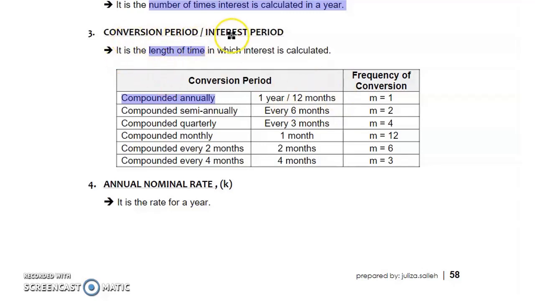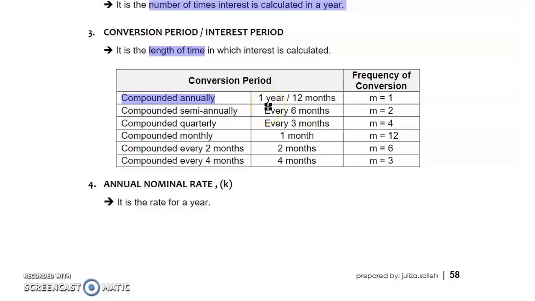If a bank offers you a loan compounded annually, the interest is calculated annually. You wait 1 year, or 12 months, then the interest will be calculated.